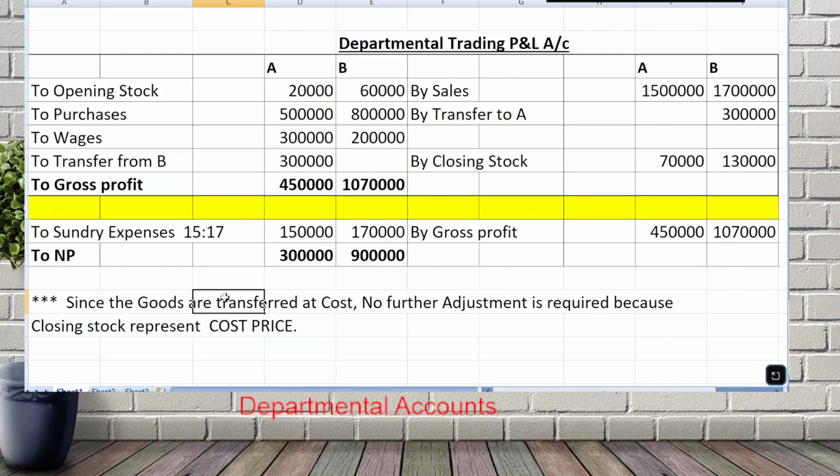Cost price. Please remember, A and B, are they different organizations or part of the same organization? They are part of the same organization.